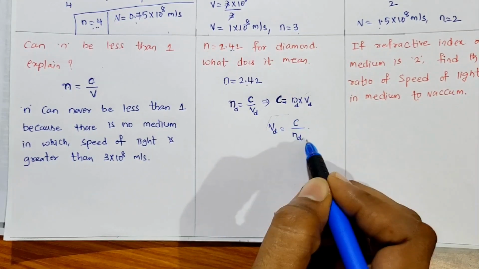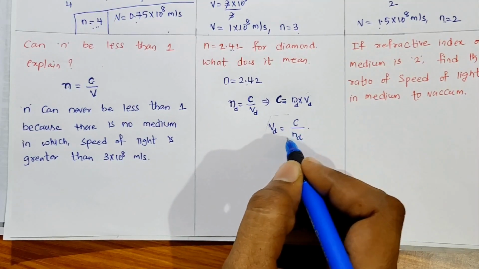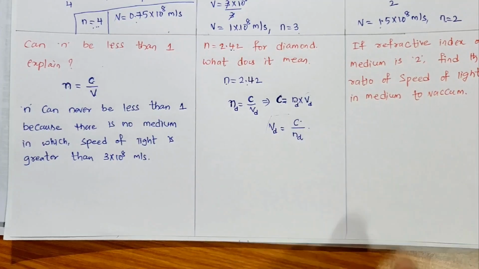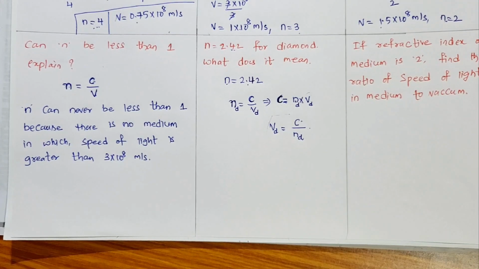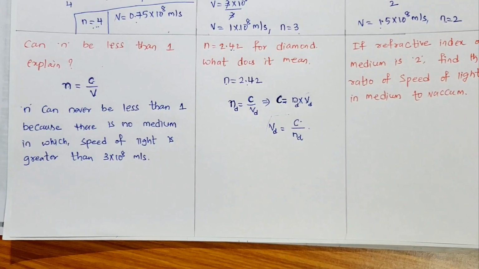With this equation, we can write: speed of light in diamond is 2.42 times lesser than the speed of light in air or vacuum. Right? So, either of these two explanations you can write.